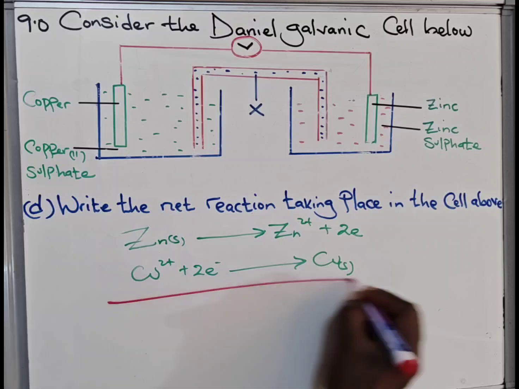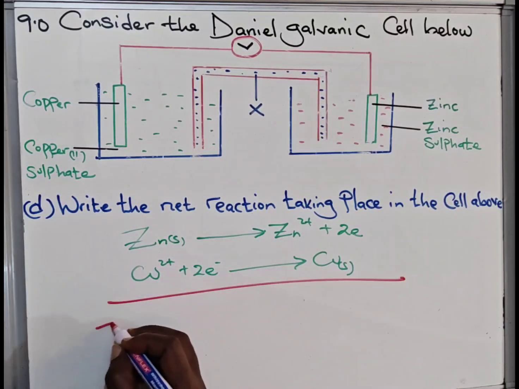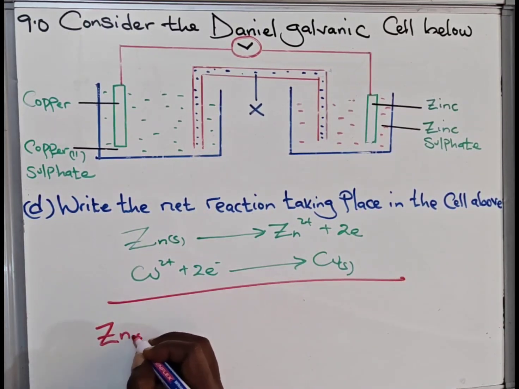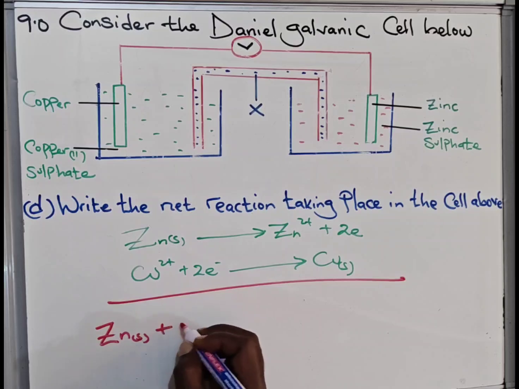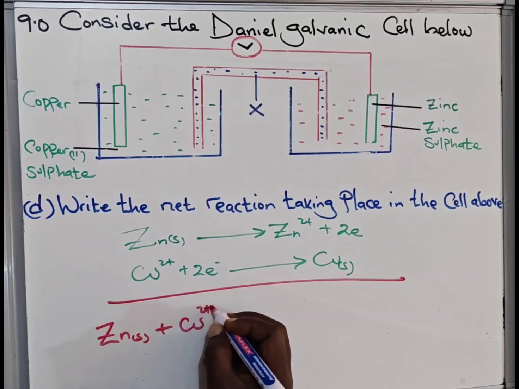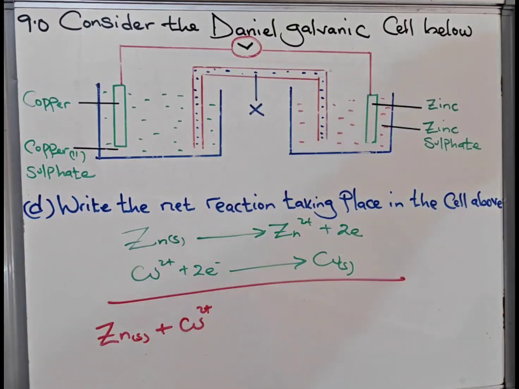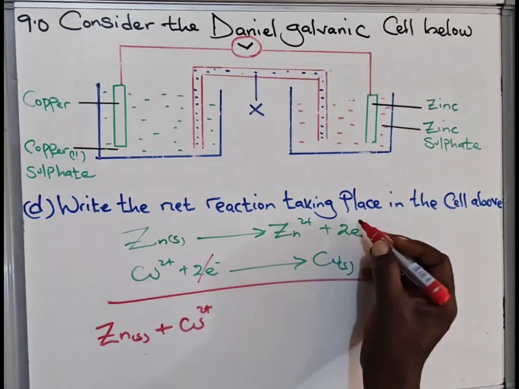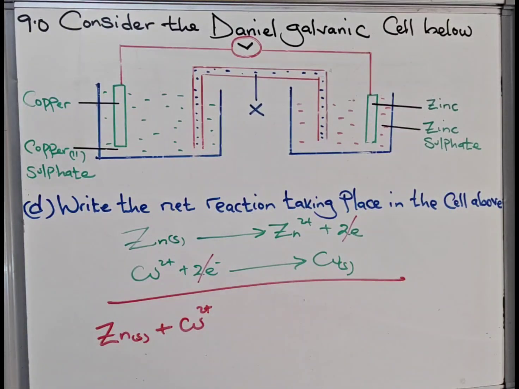So what do we do here? We add them. We have zinc solid plus copper 2 ions. As for the electrons, they are on both sides and they are equal, so we cancel them out.